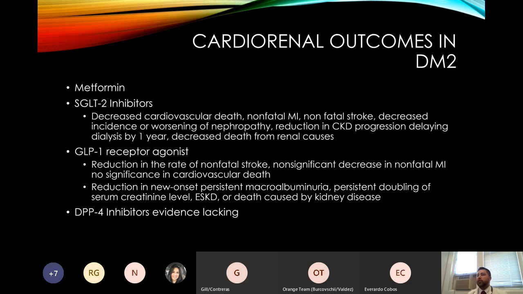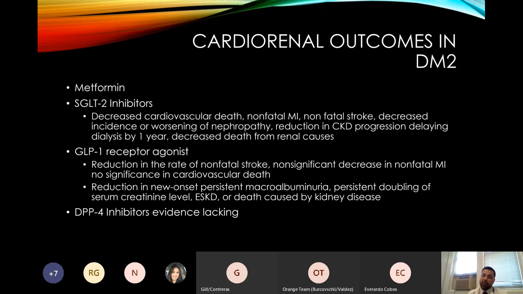Metformin is still first-line therapy, but now with the addition of SGLT2 inhibitors, they have seen decreased cardiovascular death, non-fatal MI, non-fatal stroke, decreased incidence or worsening of nephropathy, reduction in CKD progression, delaying dialysis by 1 year, and decreased death from renal causes. GLP-1 receptor agonists also have shown reduction in the rate of non-fatal stroke, non-significant decrease in non-fatal MI, and no significance in cardiovascular death.